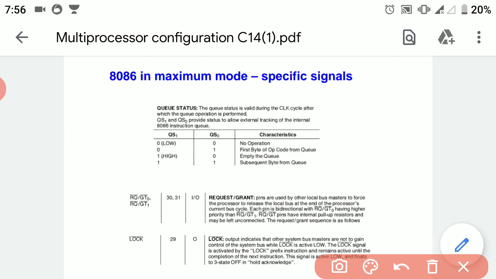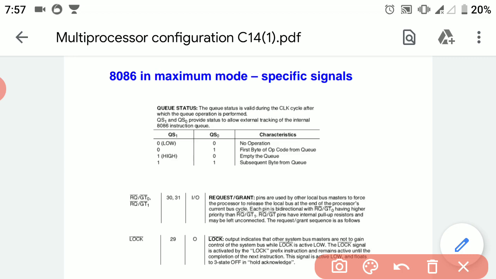In maximum mode, the Q status. Q status means the instruction queue status. The Q status is valid during the clock cycle after which the queue operation is performed.